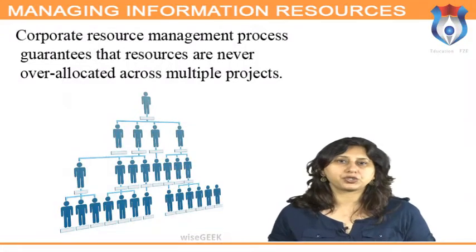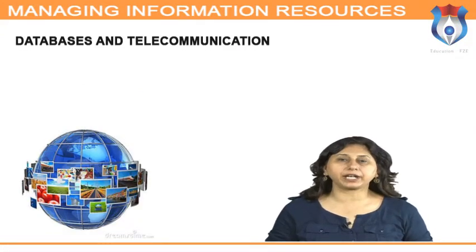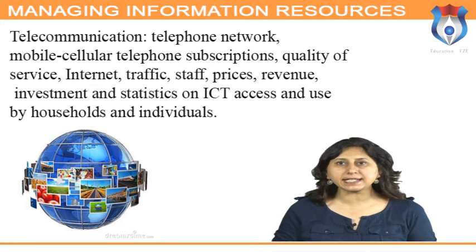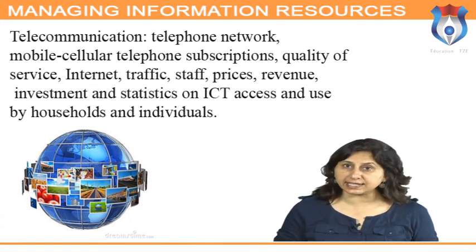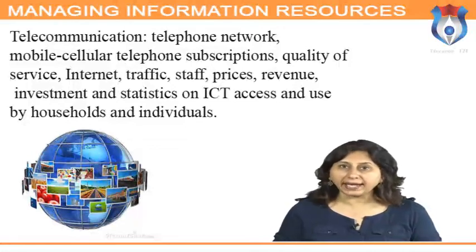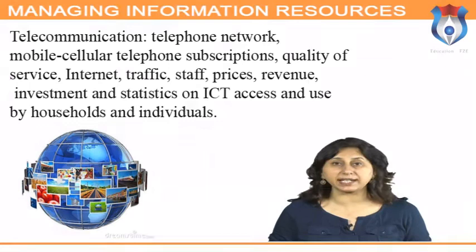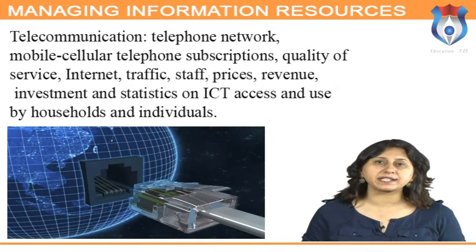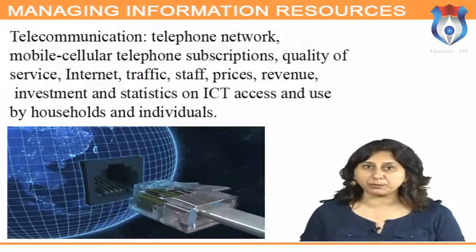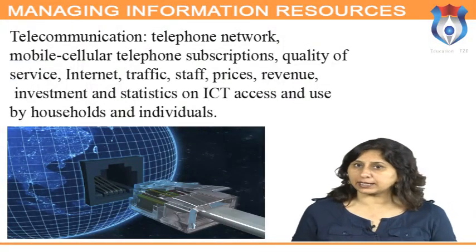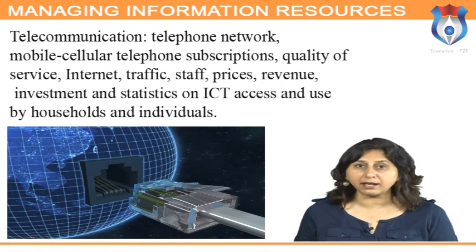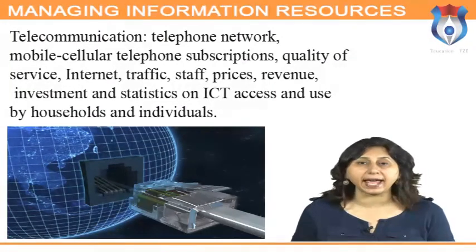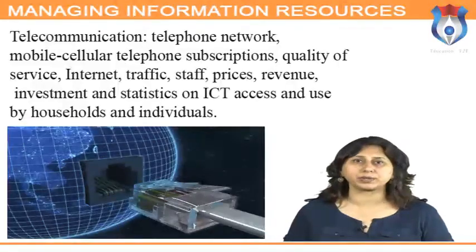Databases and telecommunication. The telecommunication indicators database on CD-ROM and online contains time series data for the years 1960, 1965, 1970 and annually from 1975 to 2011 for around 140 telecommunication ICT statistics covering fixed telephone network, mobile cellular telephone subscriptions, quality of service, internet, including fixed and mobile broadband subscription data, traffic, staff, prices, revenue, investment and statistics on ICT access and use by households and individuals.